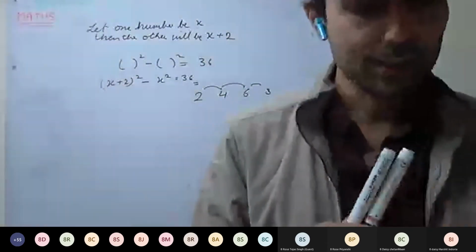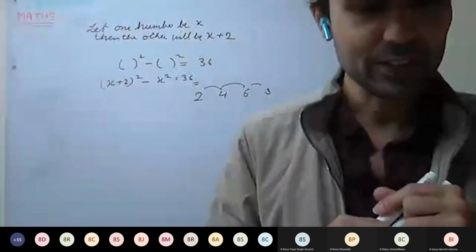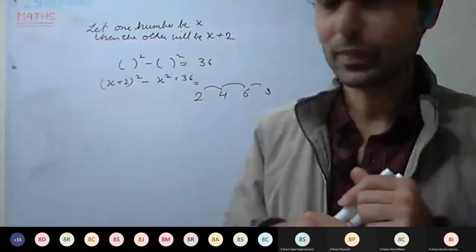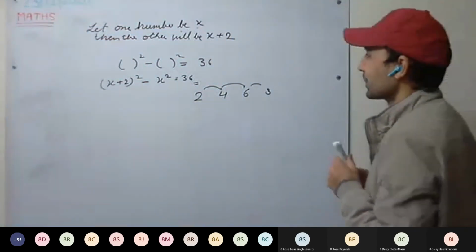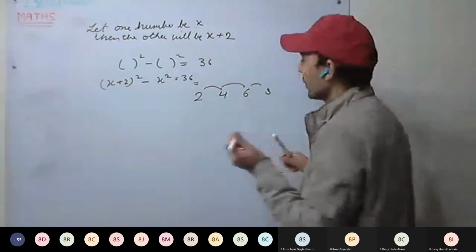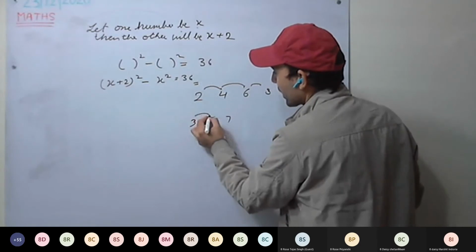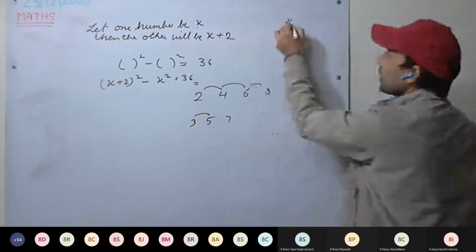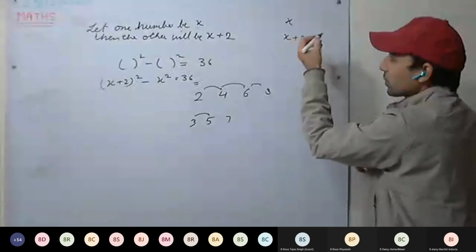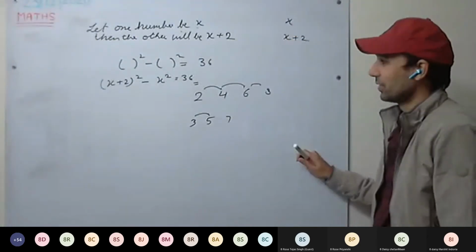Okay, you can solve. Third one, how are you going to solve? It is written the difference between the squares of two consecutive odd numbers is 56. That is 3, 5, 7. Again, if you are taking one number as x, the other number will be x plus 2. Yes or no?